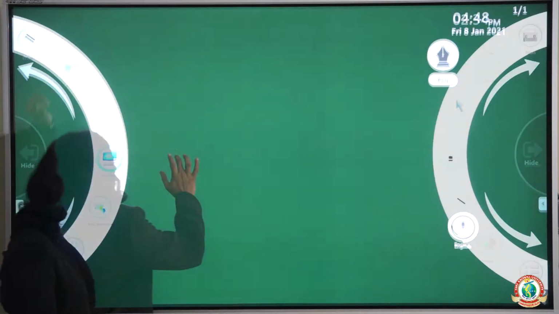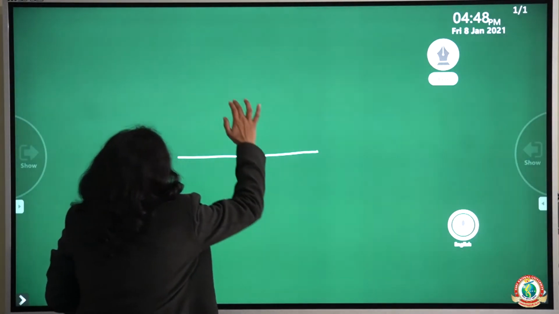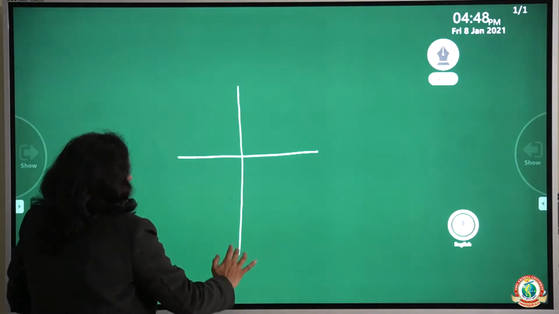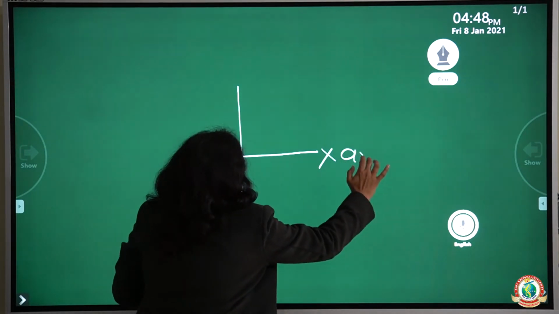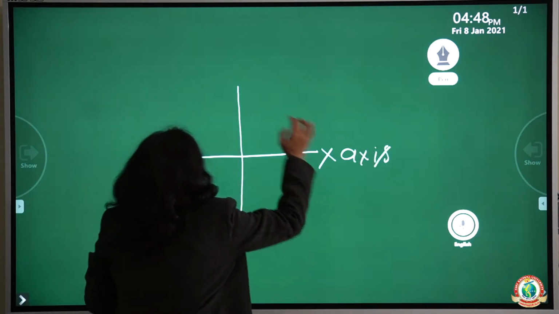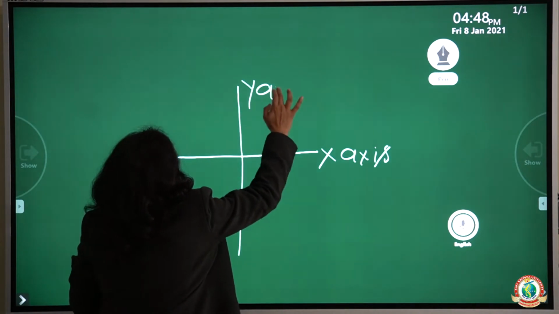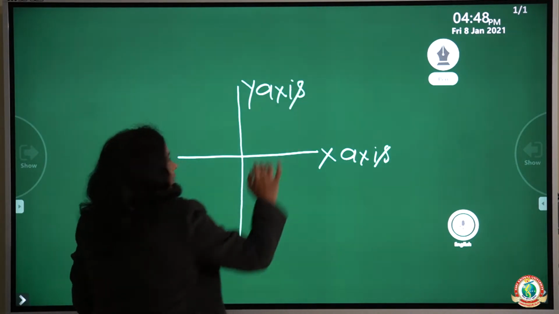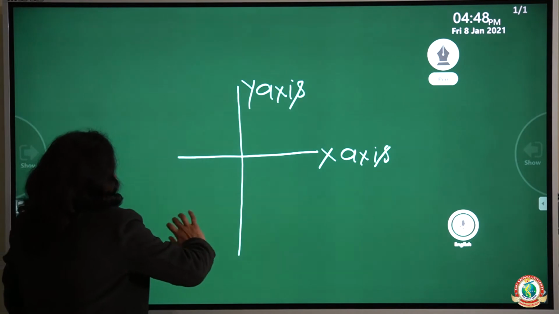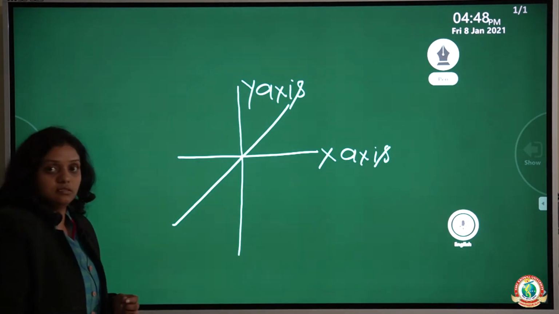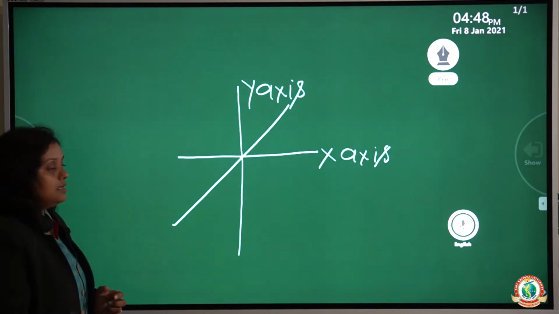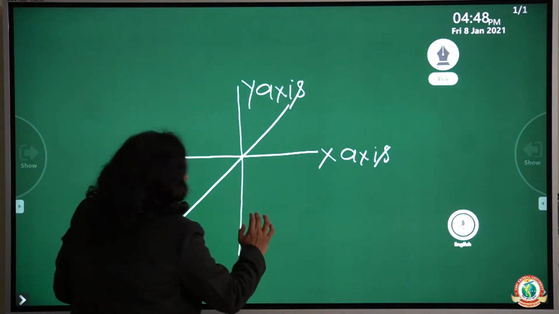Let's see. In any equation given on the x and y axis, this is the x axis and this is the y axis, and this line shows the straight line of the equation.